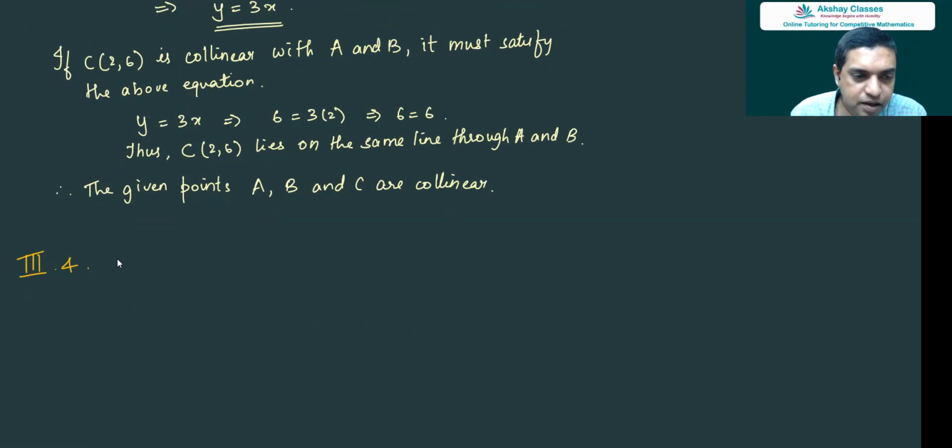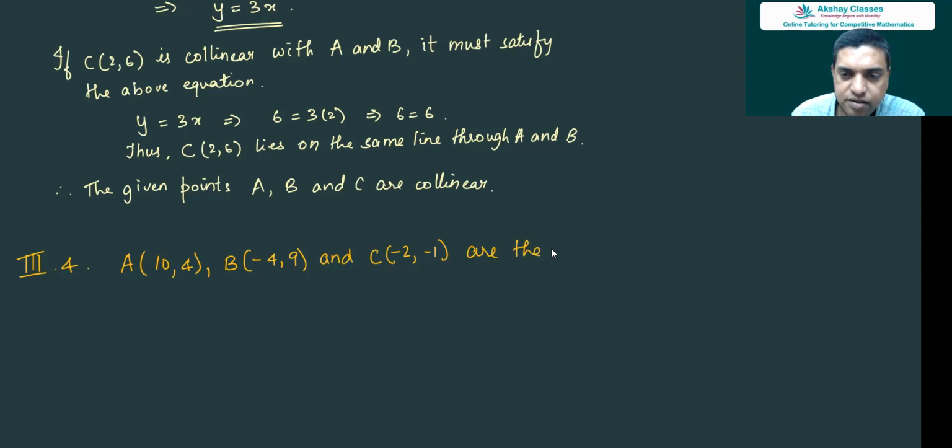A (10, 4), B (-4, 9), and C (-2, -1) are the vertices of a triangle.